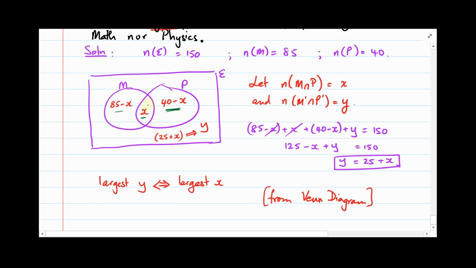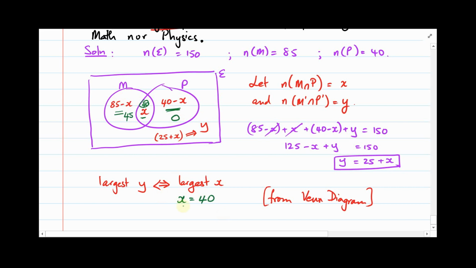Well, it wouldn't make sense to be 85. It has to be 40. So x has to be equal to 40 because I can't have a negative number of people, right? If I chose x to be 40, this part would just be 0. Here I would have 40 persons in the intersection. And on the math only, I would end up with 45 students.